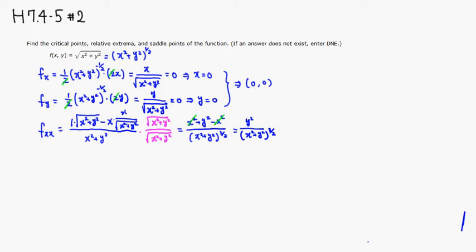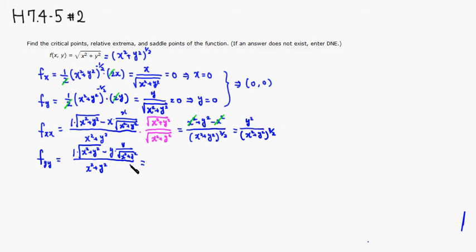Then you have the second partial with respect to y. Same deal: square the bottom. Then the partial of y would be 1, times the bottom, which is the square root of x squared plus y squared, very similar to before, minus y times the partial of the denominator with respect to y, which would be y over the square root of x squared plus y squared.